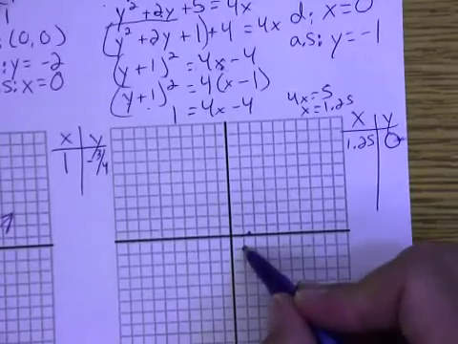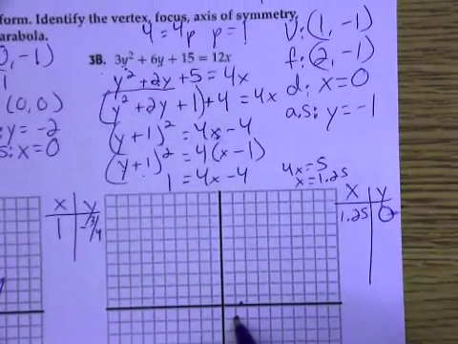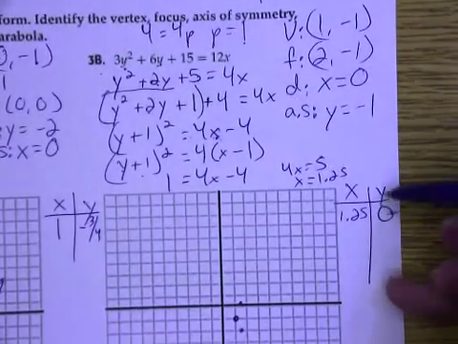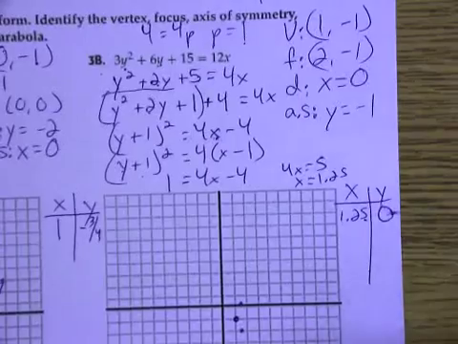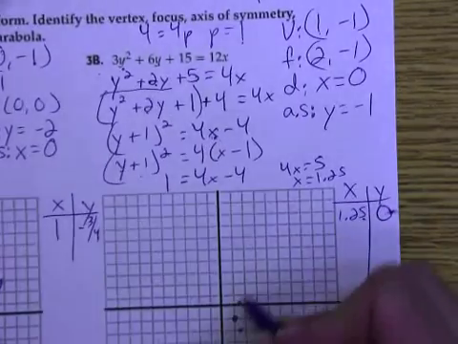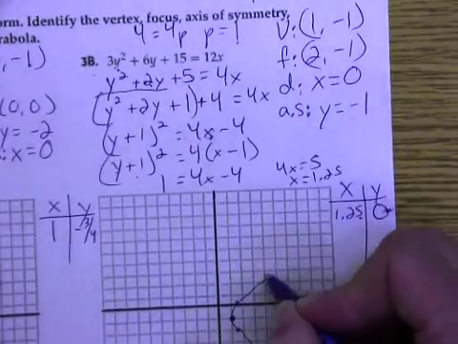So when I plug in 0 for y, I get 1 squared is 1 equals 4x minus 4. So 4x equals 5, and x is 1.25. So 1.25 is here. I can use symmetry to get this point as well.